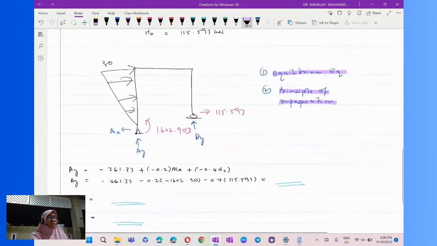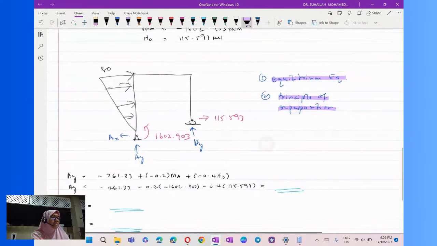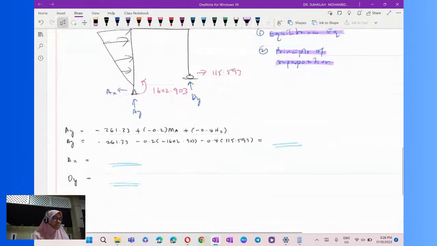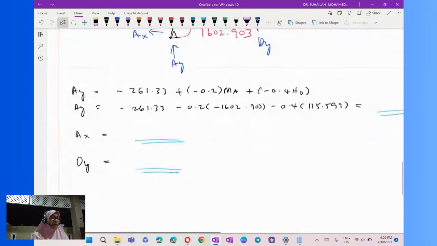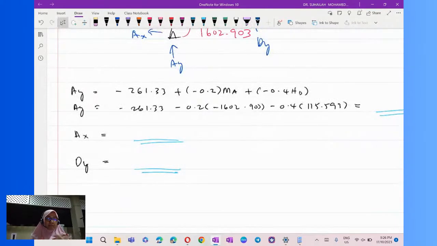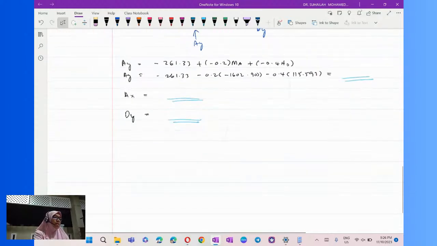Because all values have been calculated at the beginning of the process, you just need to apply them back, and then you will get all the remaining unknown reactions. So that's all about how to determine the 5 unknown reactions in an indeterminate frame.